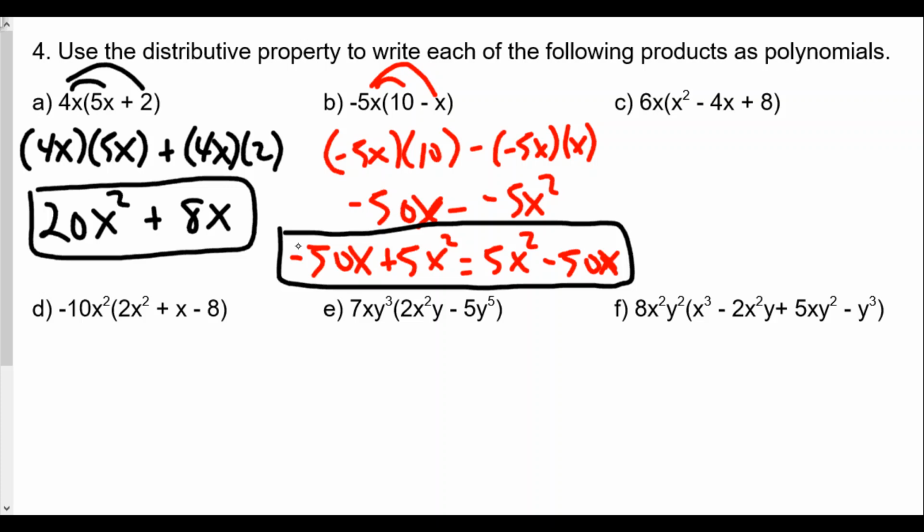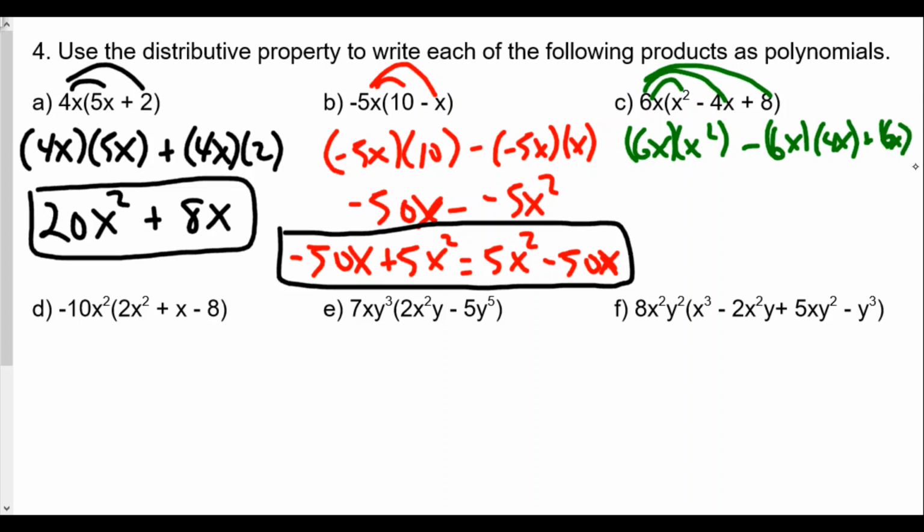Now for C. Here we're multiplying 3 items. So we have 6x times x squared, minus 6x times 4x, plus 6x times 8.